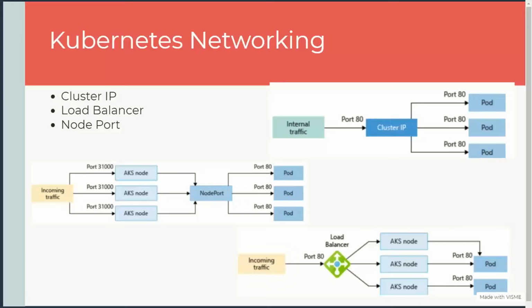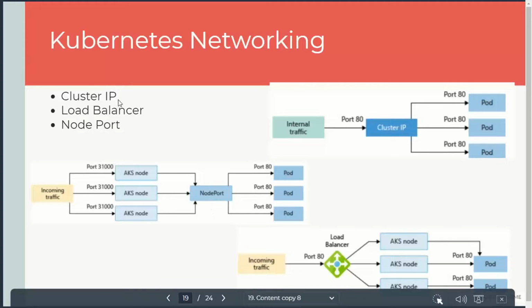To access your web application from outside of the cluster, you have to use one of the service types. This is Kubernetes networking. The first is ClusterIP, which is the default behavior.